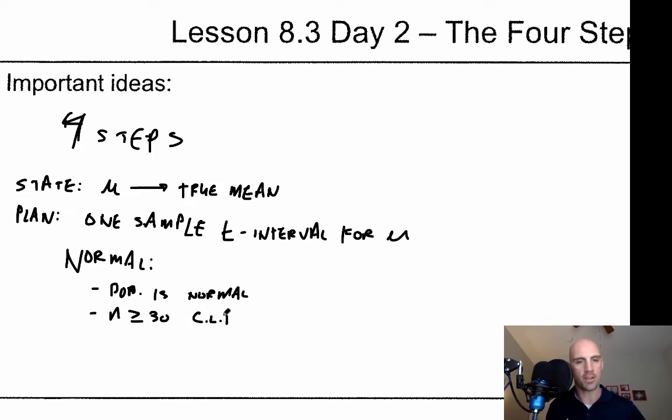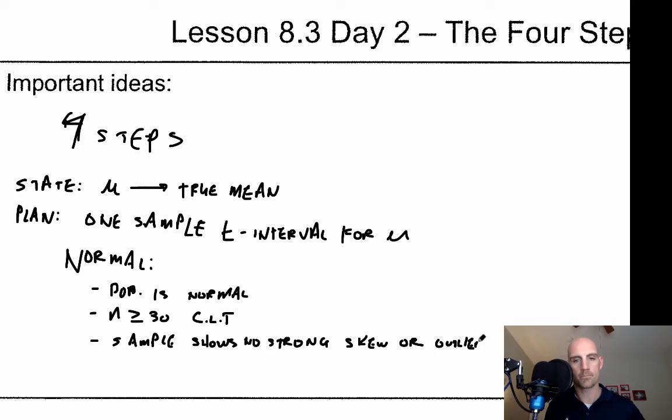And central limit theorem would apply there. Or when we map out our sample, it can show no skew or strong outliers. So that's kind of our assessment of normal.